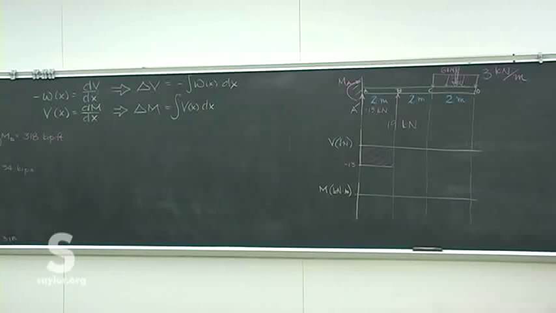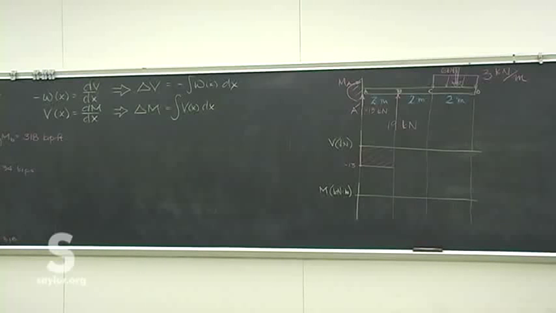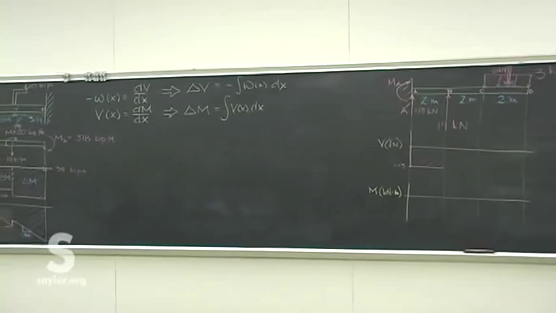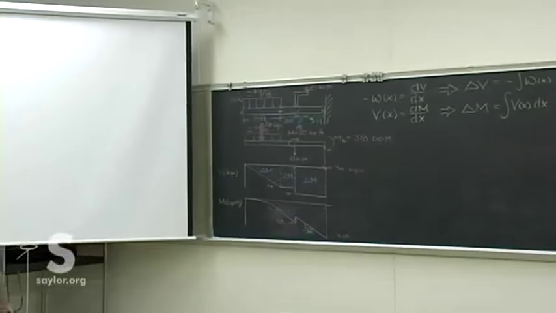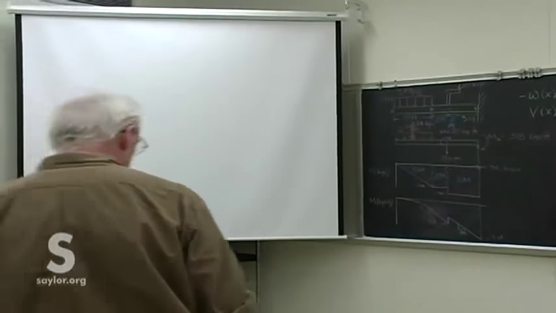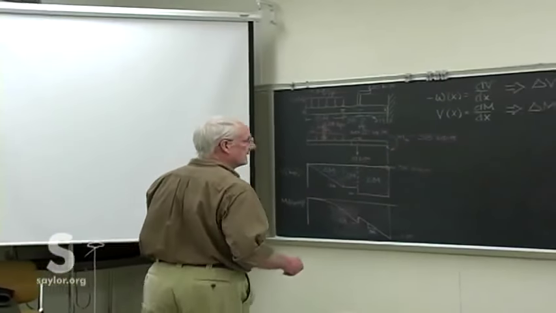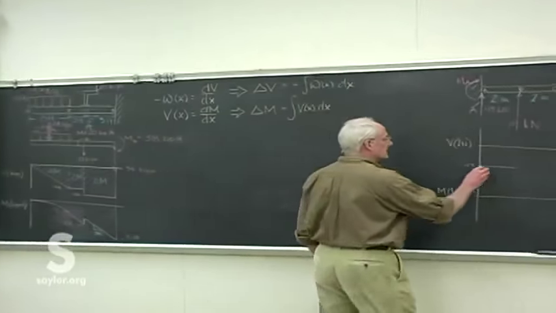That help? Travis, that helped a little bit? Shear diagram is usually a lot easier because the jumps in the shear diagram go in the directions of the point loads, which helps a lot. So most of you are getting that it jumps up 19 to a plus 6.